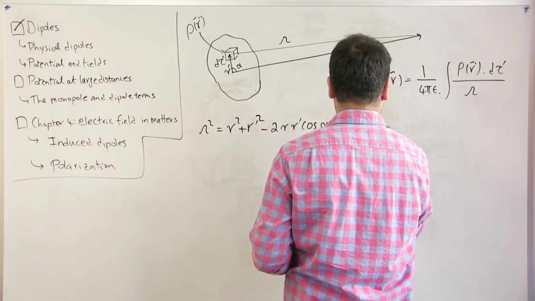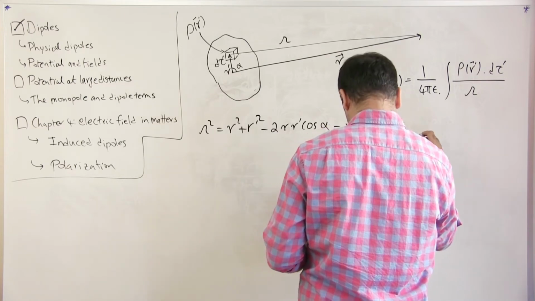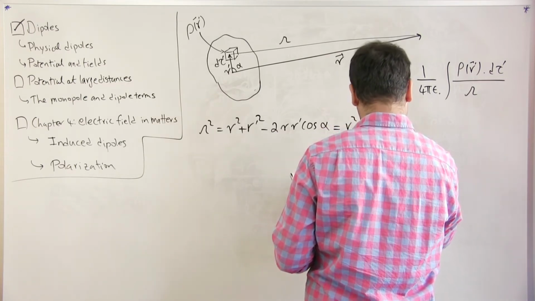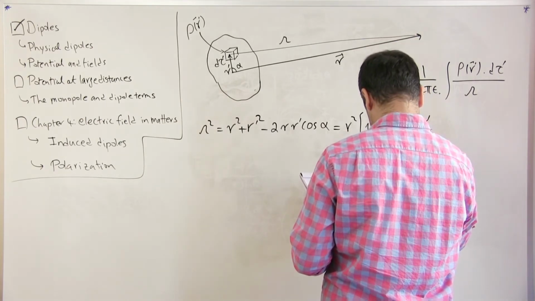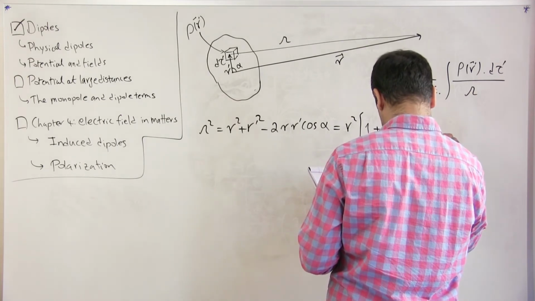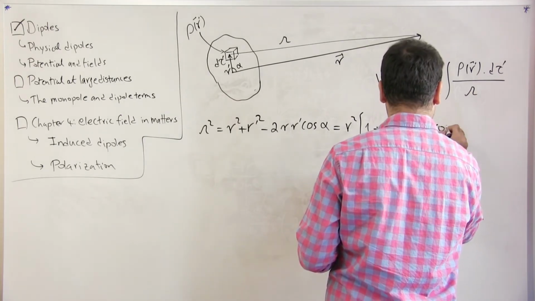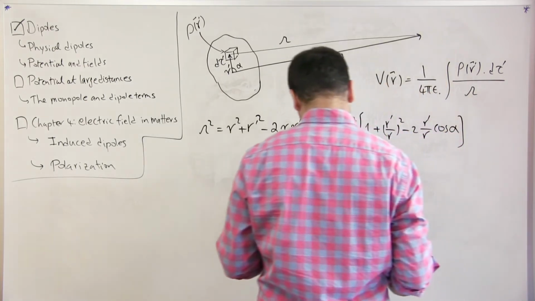You get 1 plus r prime over r squared minus 2 r prime over r cosine alpha.